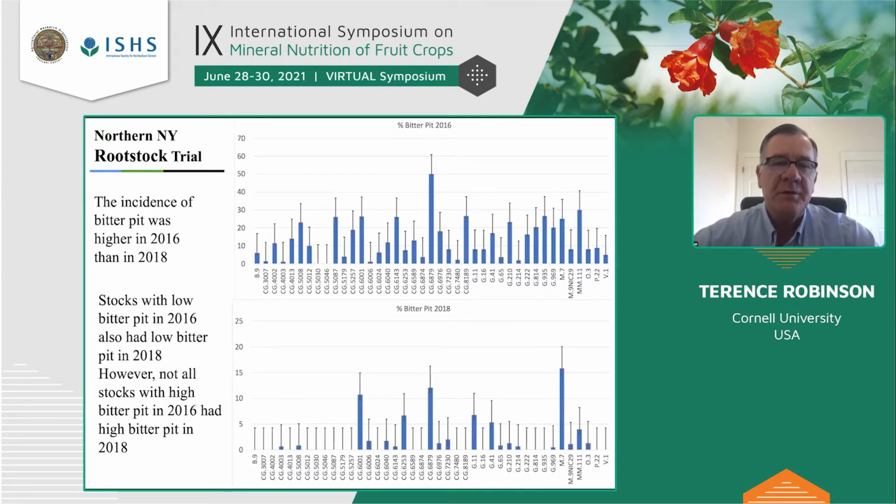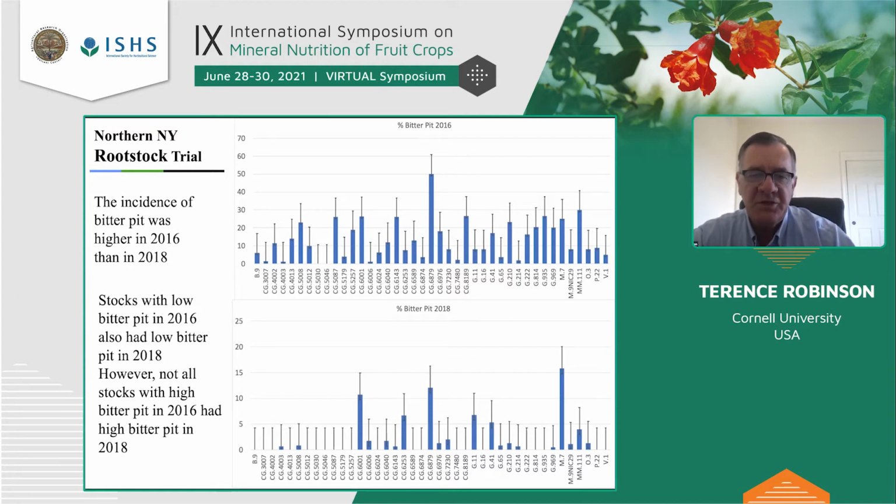First, let me focus on the Northern New York trial. On these two graphs are the data from 2016 on the top and 2018 on the bottom. On the x-axis are the 41 different rootstock genotypes, and I will just briefly go over them, although the numbers are small. Starting on the left-hand side is B9. Then there's about 15 rootstock genotypes from Geneva that are not released, that are just elite selections.